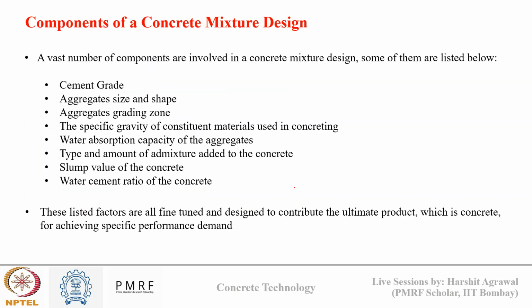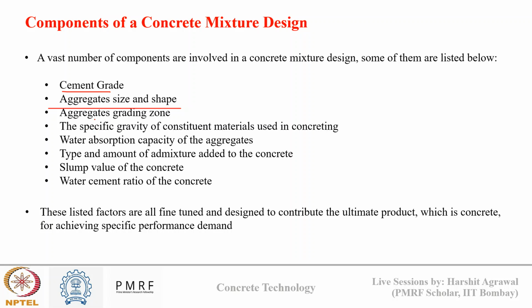Now, there are a vast number of components involved in concrete mixture design. Some of them are cement grade, so it can be OPC 33 grade, OPC 43 grade, OPC 53 grade. Then aggregate size and shape: there can be rounded aggregates or angular aggregates, 10 mm passing aggregates, 20 mm passing aggregates.